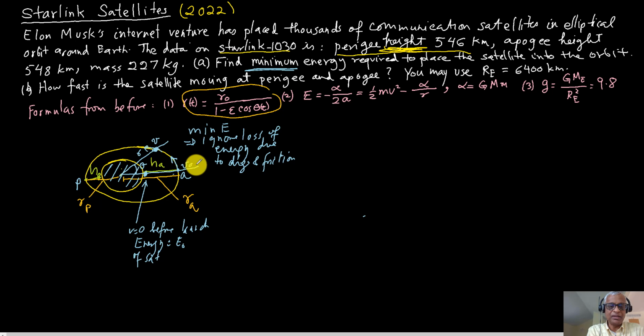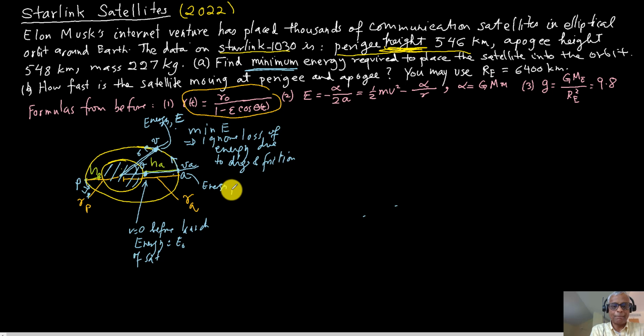It's VA here. When it's over here, it is V, and over here I'm going to call it VP. These speeds will change depending on where it is because the distance is different. Let's see, the energy here will be E, and this energy E is the same as here.